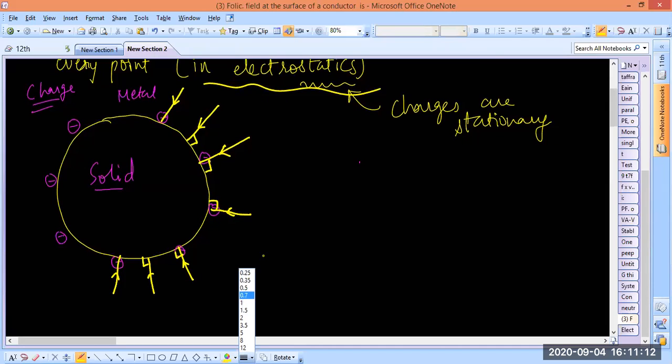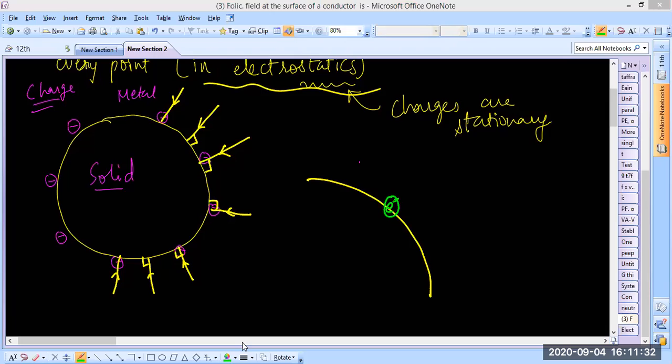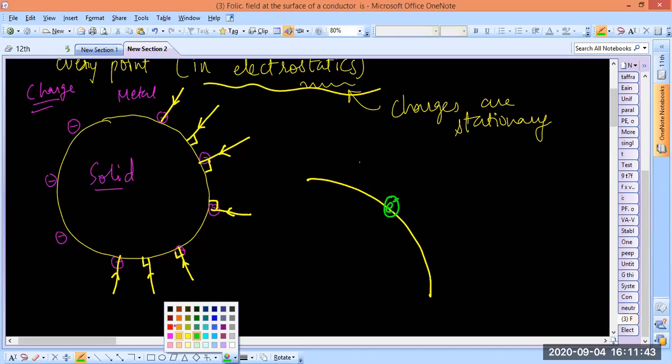Suppose that this is the surface. I've zoomed into it, and here is, let's say, some tiny electron at the surface. And let's say that the electric field at this point is not normal.